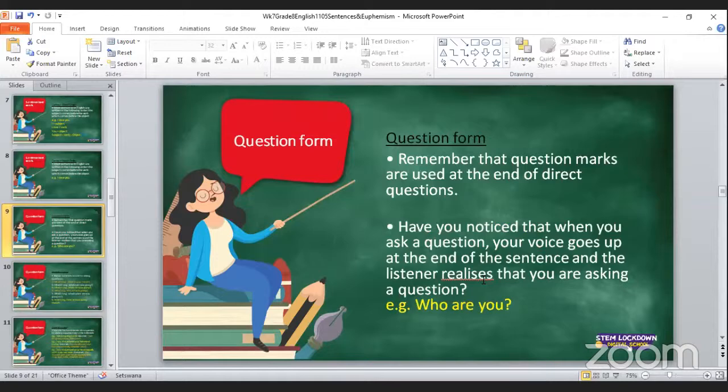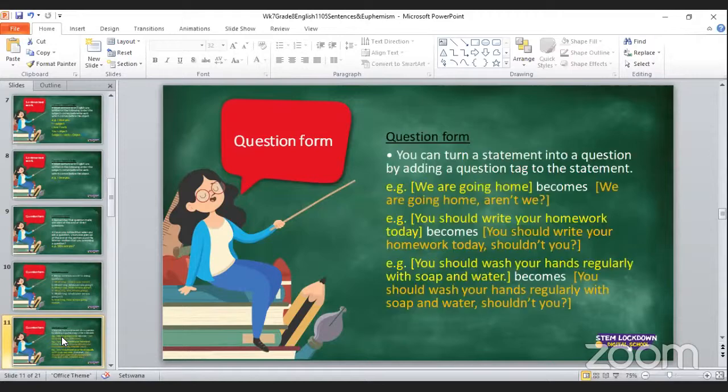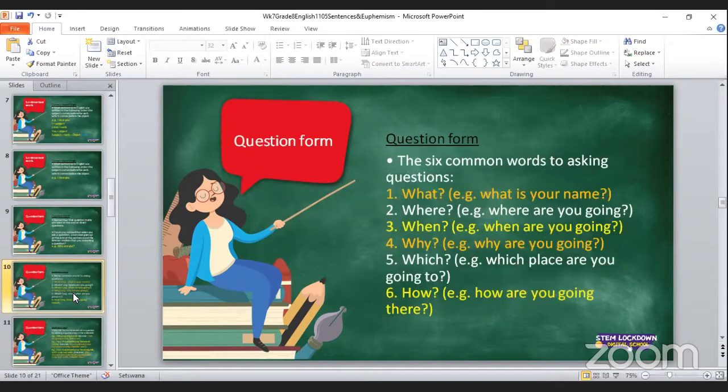You will realize that when you ask that question, your voice goes up. For example, let us go to that slide where I made examples, and you will hear how my voice goes up when I ask such questions. What is your name? Where are you going? When are you going? Why are you going? Which place are you going to? How are you going there?